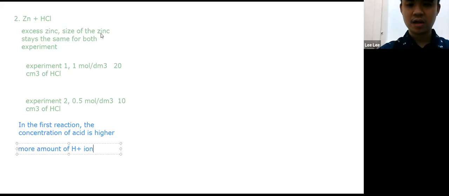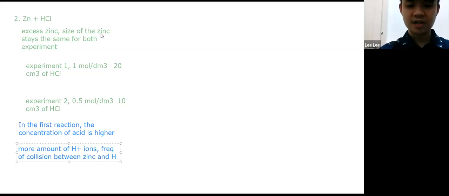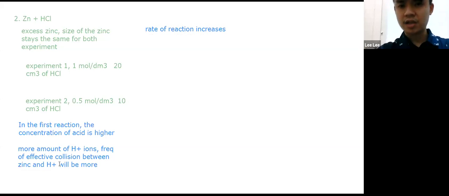H positive ions, right? So the frequency of collision between the zinc and the H positive ions also will be more, right? So here I can say the rate of reaction is higher. But the problem is not only that. Another thing you have to pay attention to is you use excess zinc.